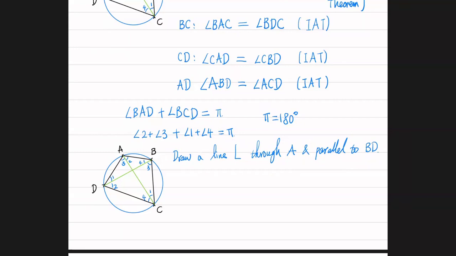Okay, let me draw a line through this A. It's about right. The only requirement we have on this line is that it's through A and parallel to BD.